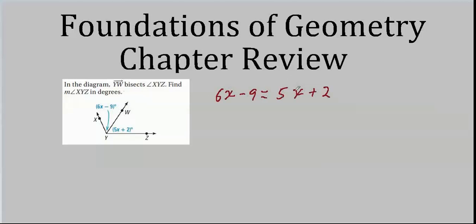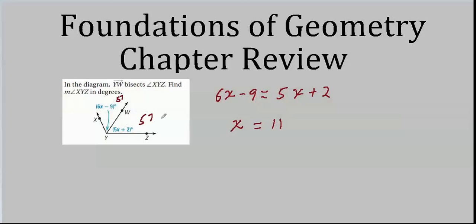We subtract 5x from each side and get an x over here. We add 9 to each side and get 11 over here. So I get that x equals 11. If I put that in here, I get 55 plus 2, which is 57. Over here, I get 66 minus 9, which is 57.